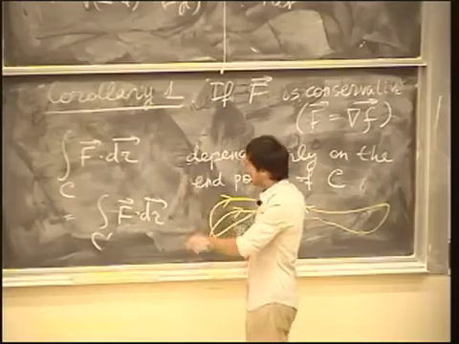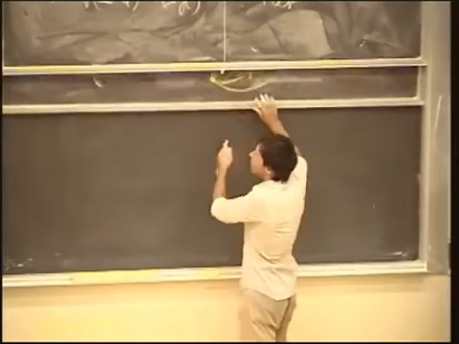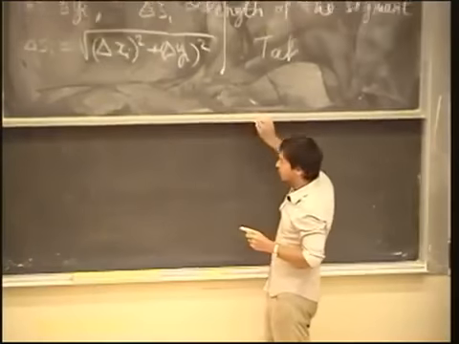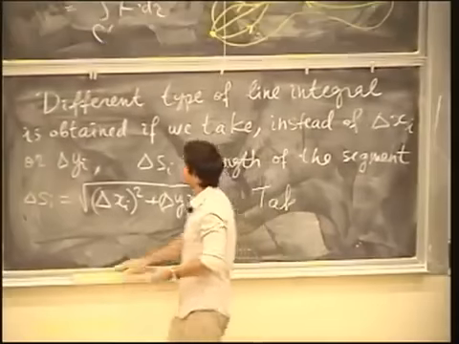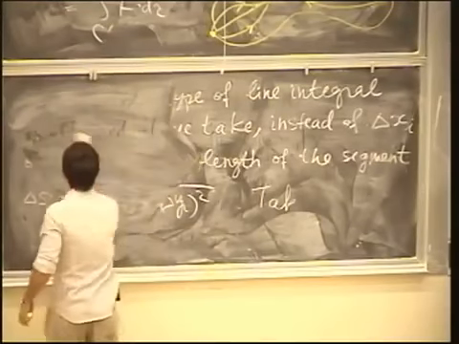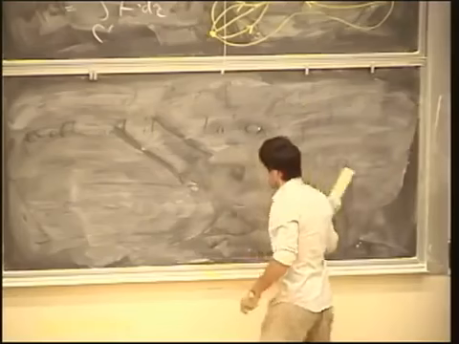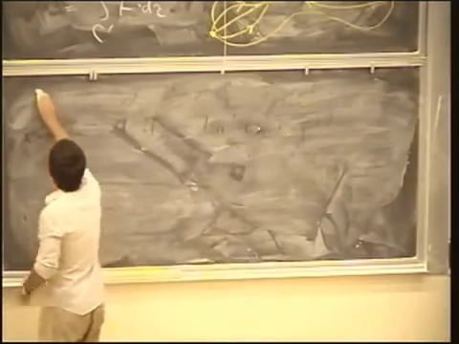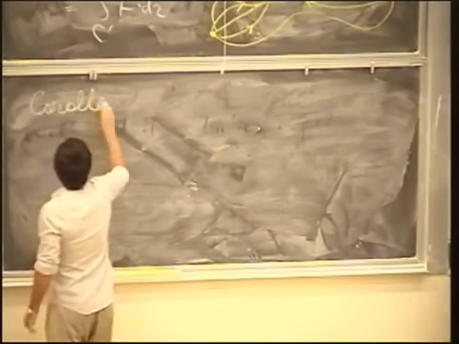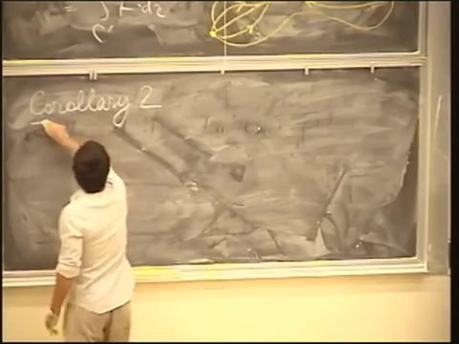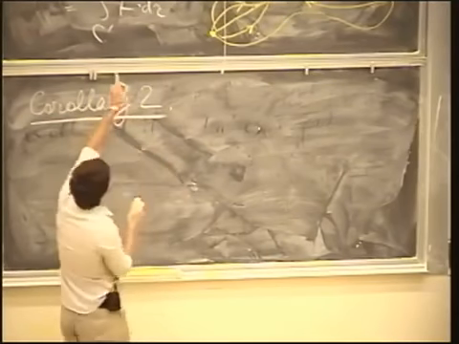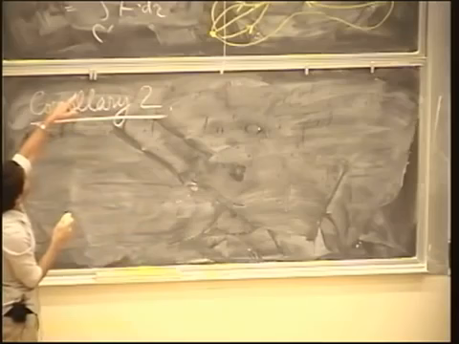Another way to phrase this, another way to phrase it is the following. Again, we'll be under the assumption that f is a conservative vector field.